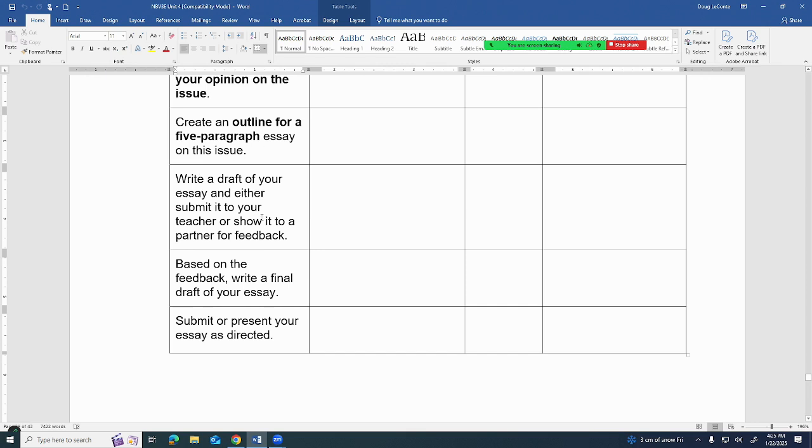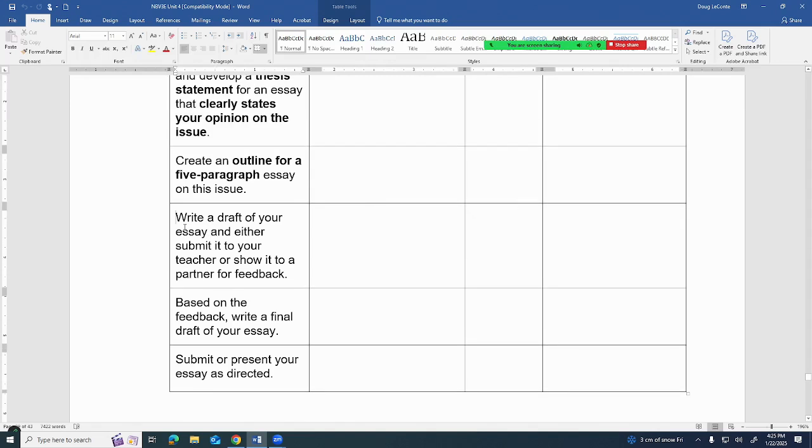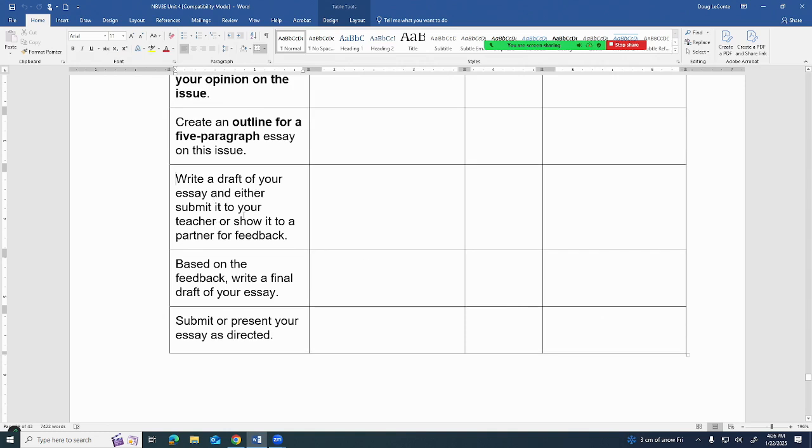So first you look at your rough draft and maybe you take out sentences or you put in new sentences or you move the sentences around. You might even move a sentence from one paragraph into another paragraph. You also make sure that anything that you've taken from someone else is cited with what they call in-text citations and a works cited list. I'll show you those in a second.